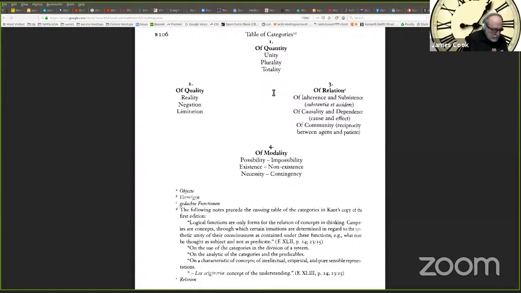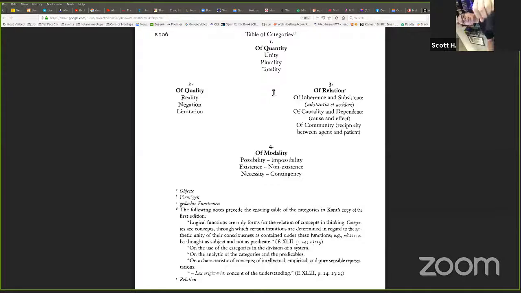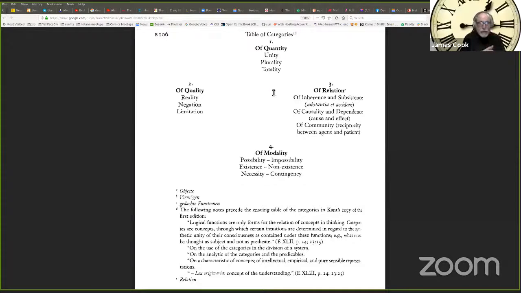And he even says the understanding already contains these a priori. So this is more a priori information from Kant about what is synthetic a priori, what we can use synthetically a priori.